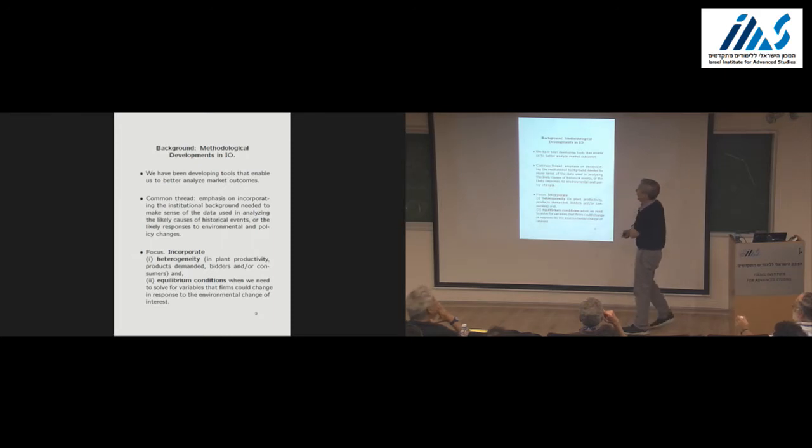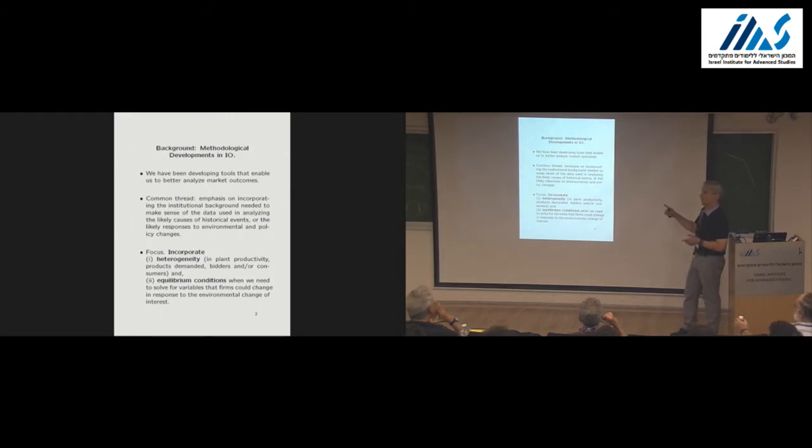So most of what we've been doing, and I'll give you a 1-minute introduction, this is from the methodology paper, is we're developing tools to analyze market outcomes. And the common thread is just take the framework from theory and incorporate institutional background that's needed to make sense of the data. Okay? And then we use it.